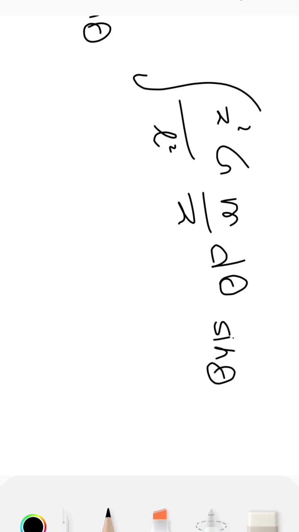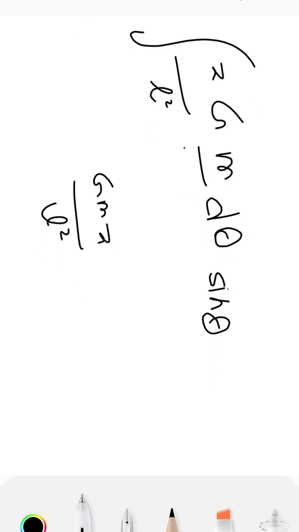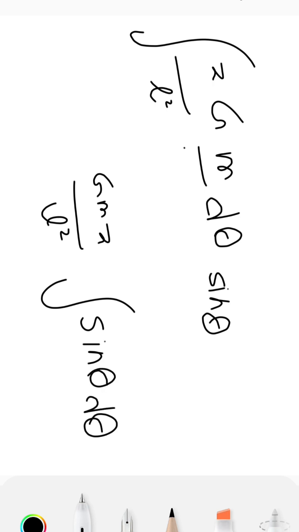So you can just cancel out the unnecessary terms, and you can take the constant out of the integration, that is G m pi by l square, and sin theta d theta will remain inside this integration part, 0 to pi.